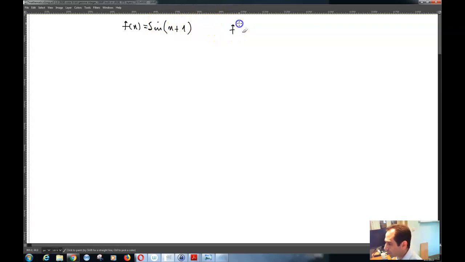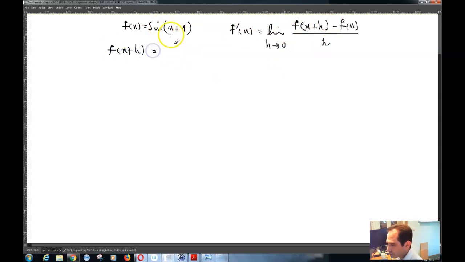Okay, so again, f prime of x is equal to the limit of f of x plus h minus f of x over h as h tends to 0. So over here, f of x plus h is equal to sine of x plus h plus 1.